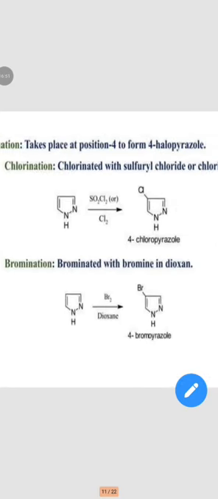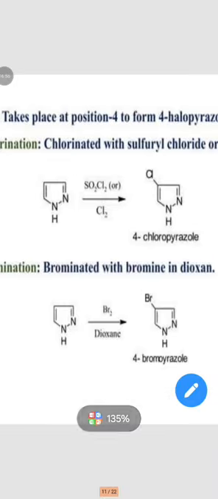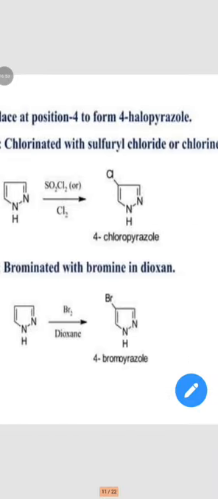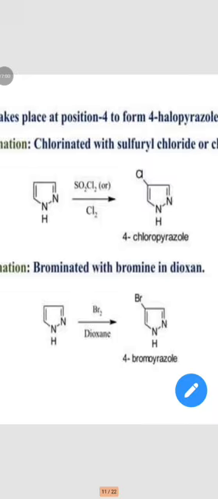So the next reaction is halogenation. It takes place at position 4 to form 4-halopyrazole. All the substitution reactions occur in the 4th position.